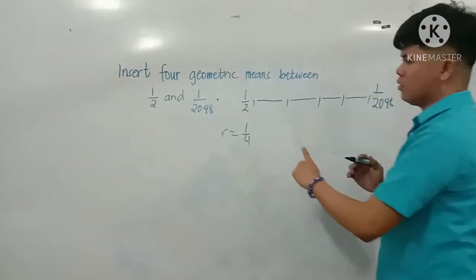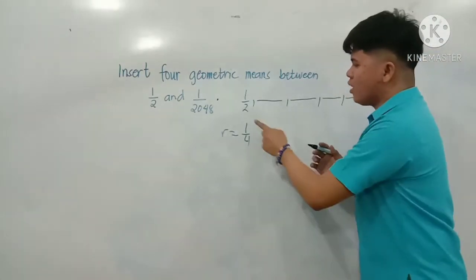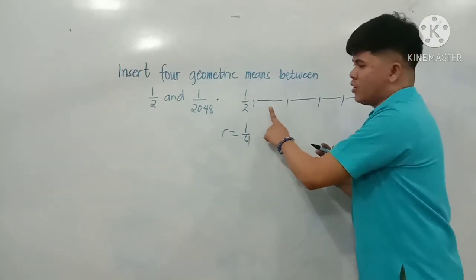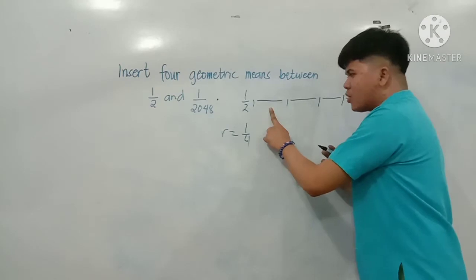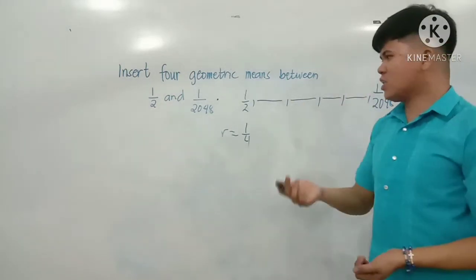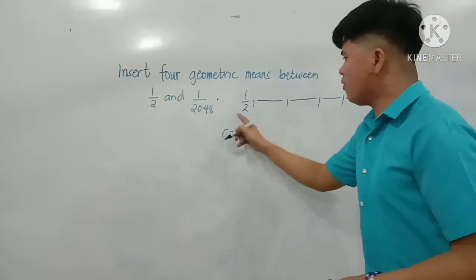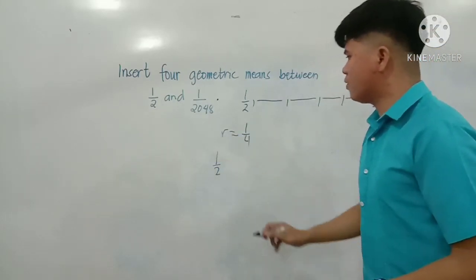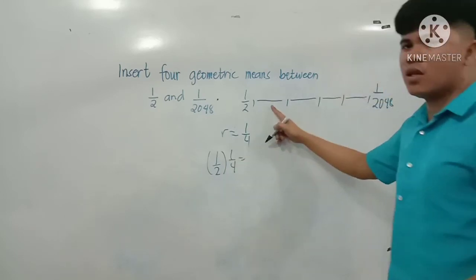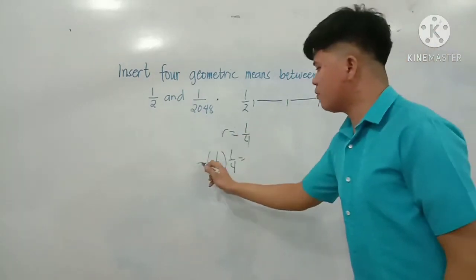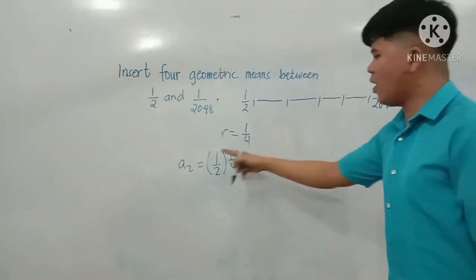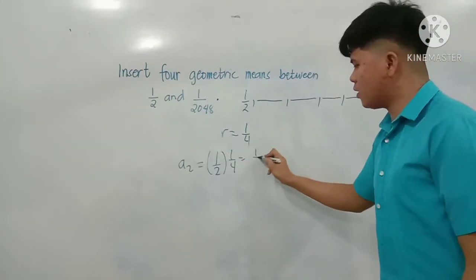So, again, we have to multiply 1/4 to the first term in order to obtain the second term. And multiply again by 1/4 to obtain the next term, and so on and so forth. So we have here our first term is 1/2. We have to multiply it by 1/4 to get the second term. So we have here a sub 2, meaning our second term. 1 times 1 is simply 1.